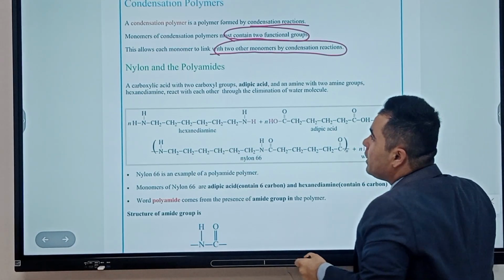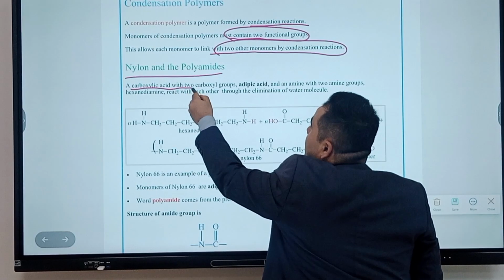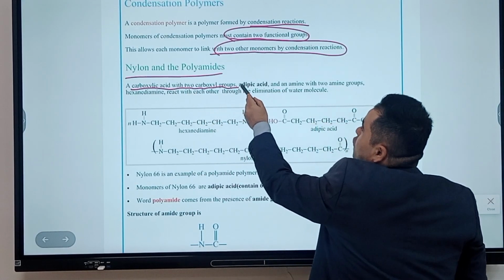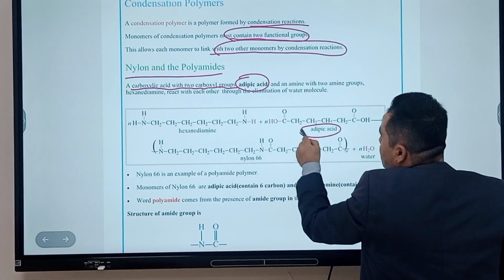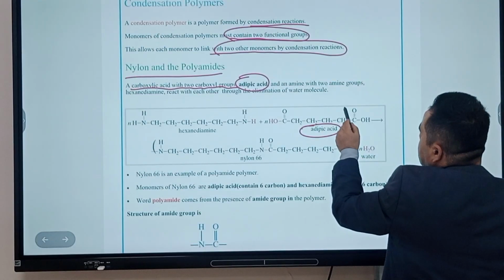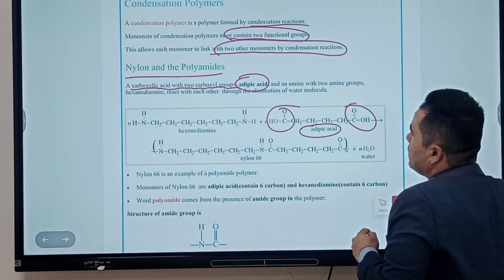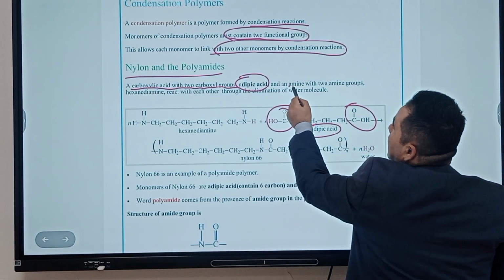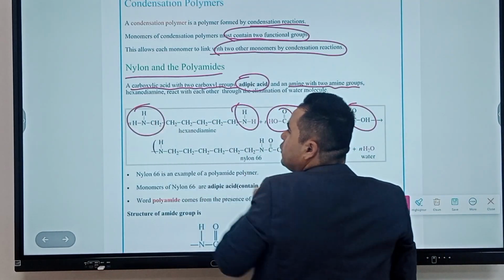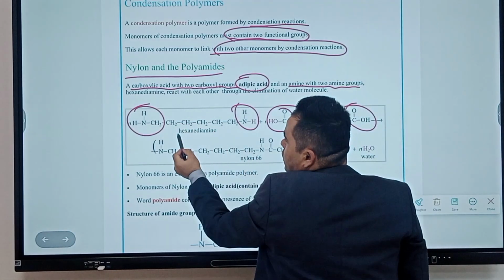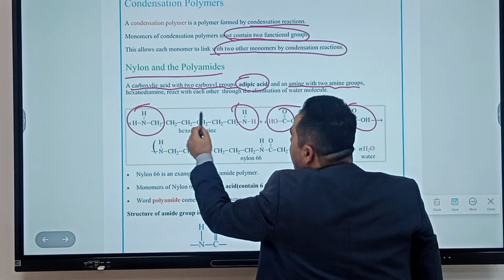Here we have nylon and the polyamides. A carboxylic acid with two carboxylic groups is adipic acid. And the amine with two amine groups is hexane diamine.